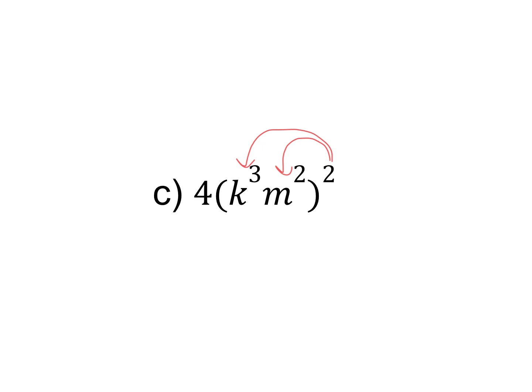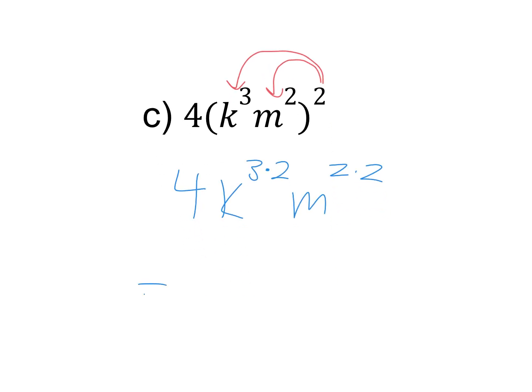So in this case, my 4 is outside of our parenthesis, so this exponent of 2 is not going to get distributed to the 4, because this 2 is only concerned about what's inside the parenthesis. 4 is not inside. So our 4 will just remain a 4. Nothing's going to happen to it. Then I will have k to the power of 3 times 2, m to the power of 2 times 2. And this will simplify to 4, k to the 6th, m to the 4th.